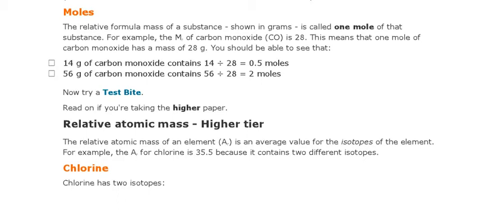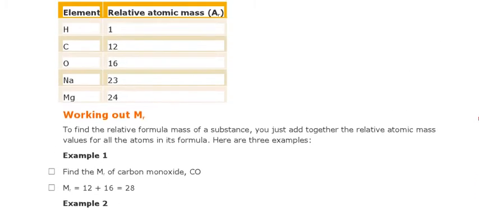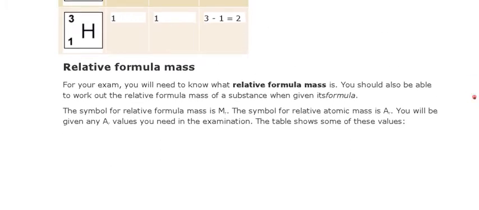For example, let me first give the example of the relative formula mass. Relative formula mass means that in the complete formula, you calculate the mass of each individual atom present, and the total will be considered the relative formula mass of any substance.